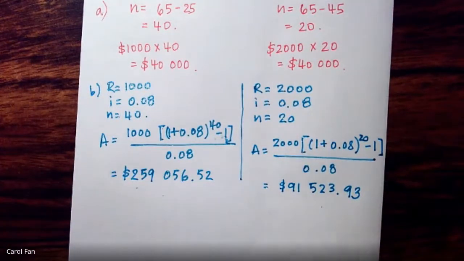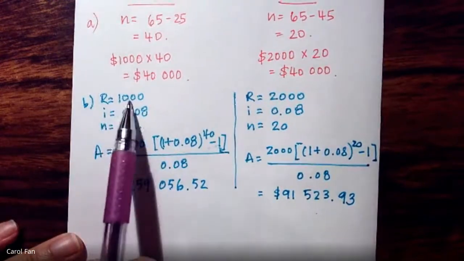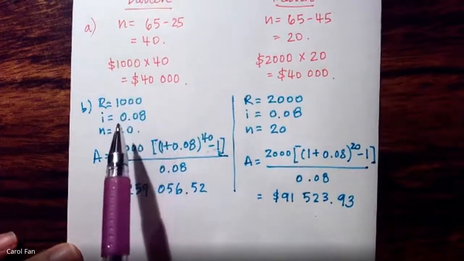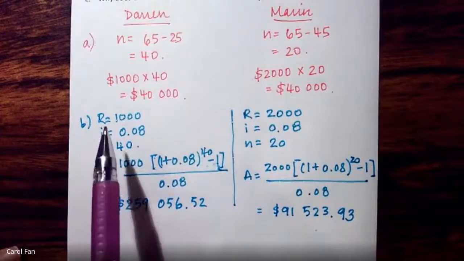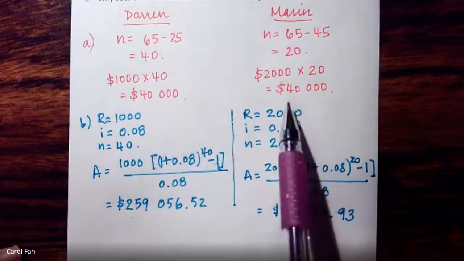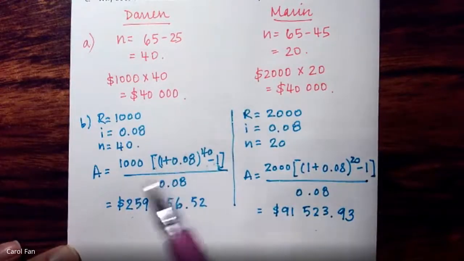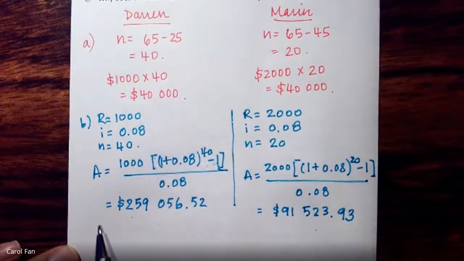Well, that's a significant difference between Marin and Darren. So going back, what part of the equation do you think made the difference? We looked at the R. We said the R didn't make that much of a difference because the regular payments both ended up giving us a total contribution of $40,000.